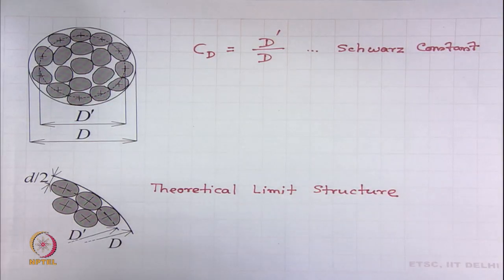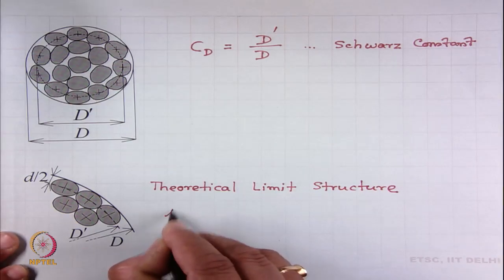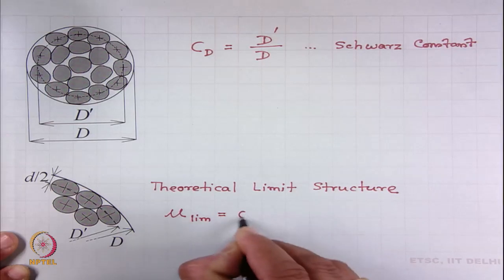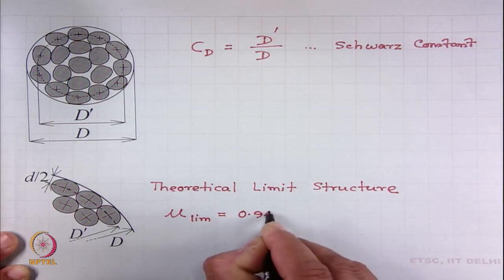Theoretical limit structure we talked about in module 2: hexagonal packing with closest packing. So, distance between fibers h is equal to 0, and then we derived the packing density of this limit structure, 0.91.